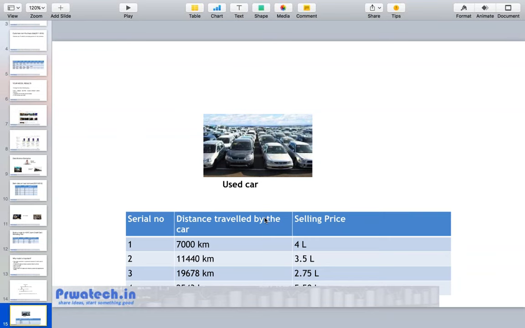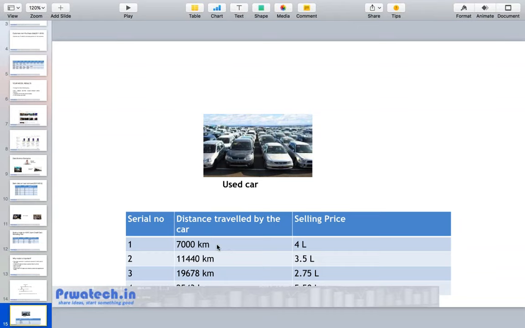Generally, we can use simple linear regression to solve this problem. We can build a predictive model from this using linear regression, so that in future we can decide what the selling price will be for a particular car on the basis of the distance traveled by the car.